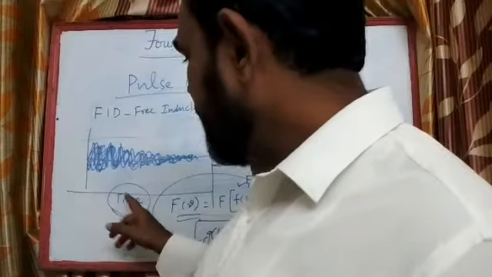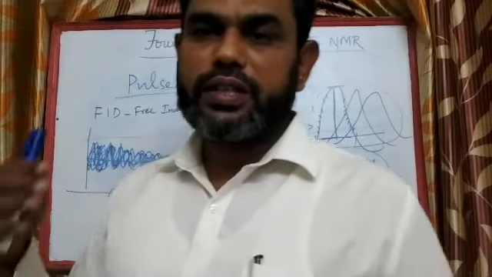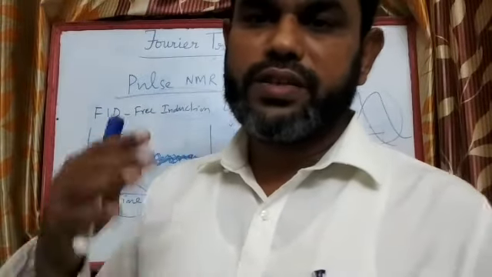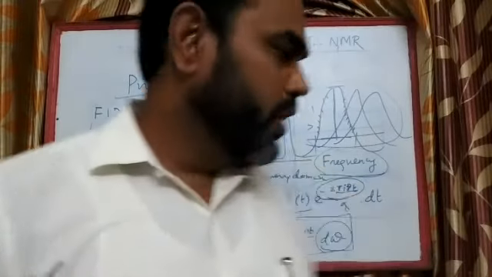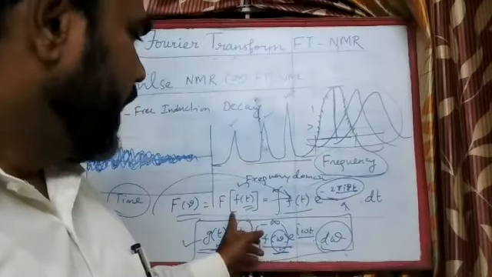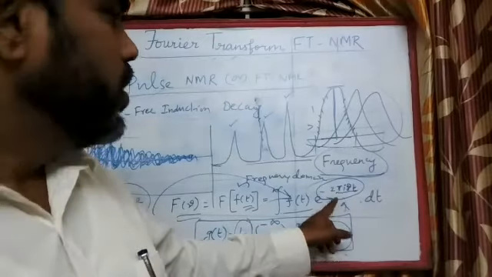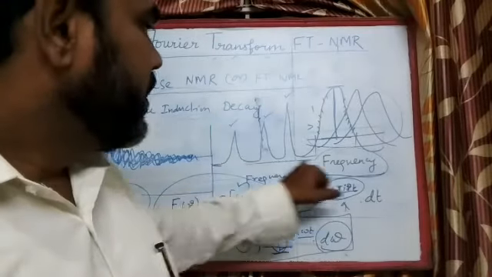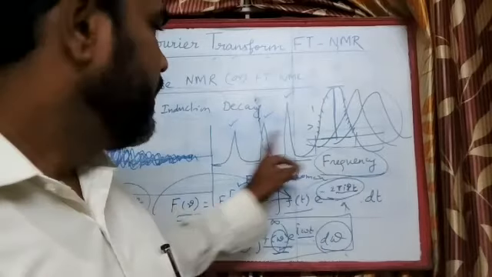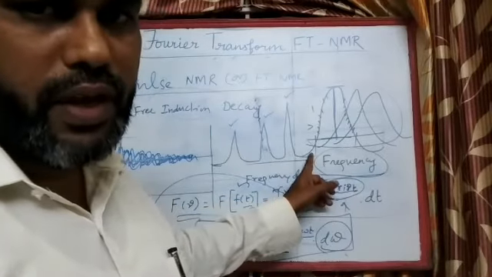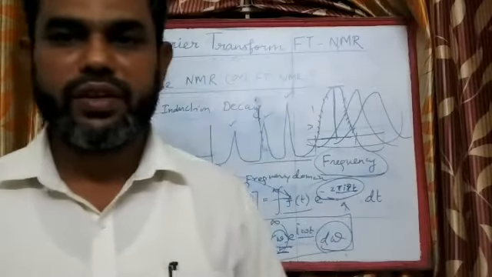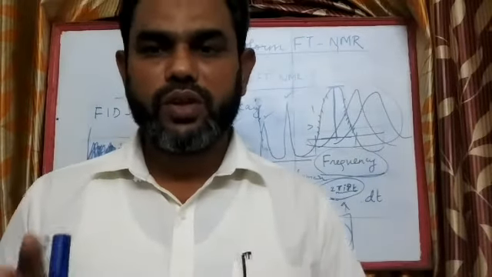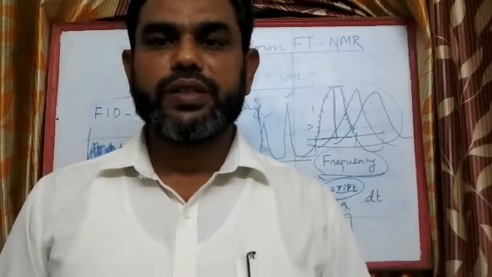This time domain spectra is fed into a computer. The time domain data is fed into a computer to make the Fourier transformation from the time domain into a frequency domain spectra. You get a frequency domain spectra with well distinct peaks. The advantage of the technique is the time duration: in a very short period of time you can record the spectra.